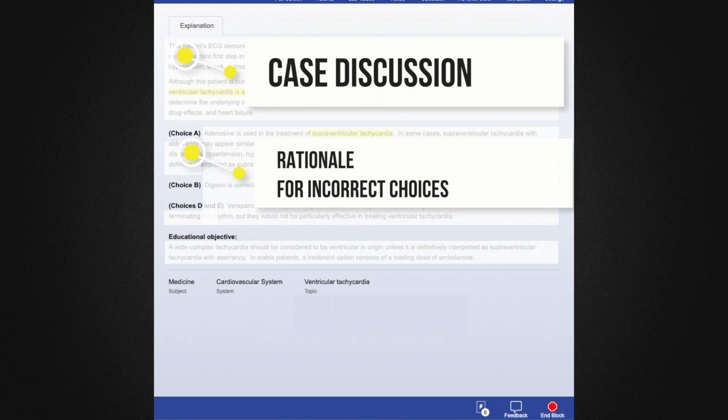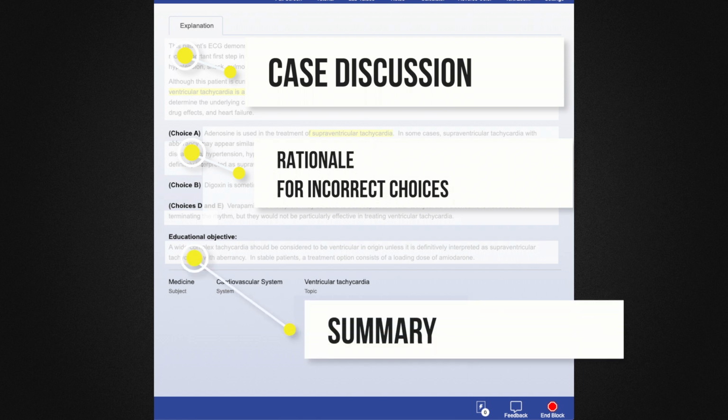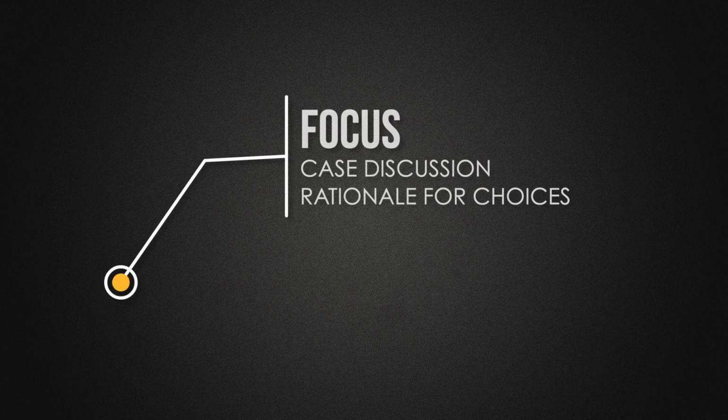Next is the rationale for incorrects, or rationale for each choice. And the third one is the educational objective. So for the first pass and when making notes, I would focus on the main discussion related to the case and the question, and then the rationale for each choice.